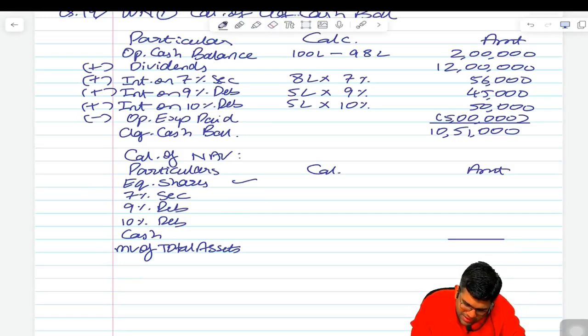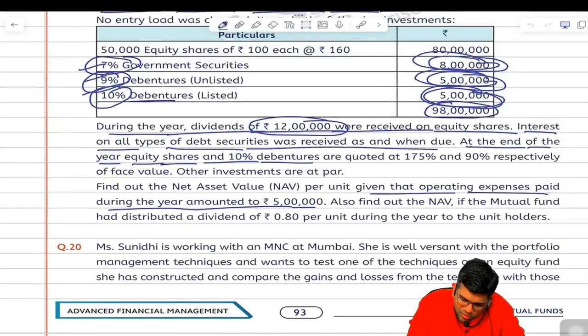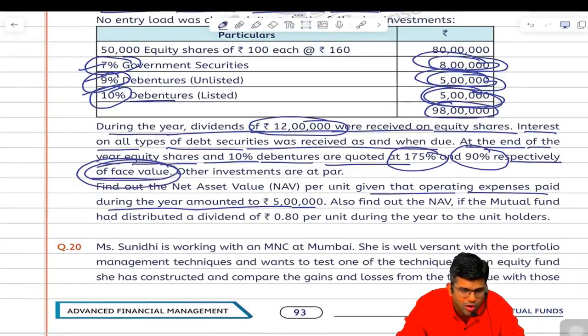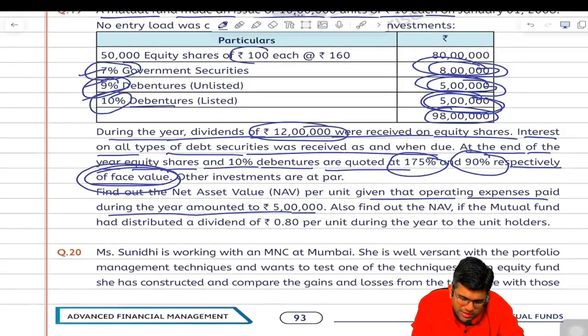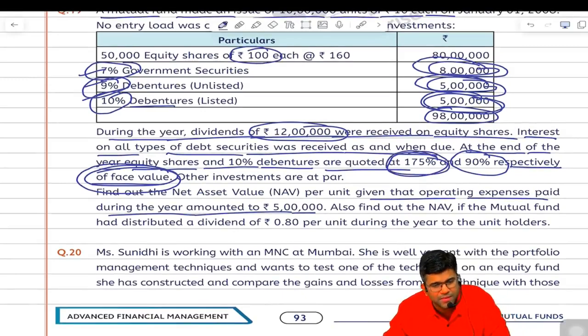Equity shares and 10% debentures are quoted at 175% and 90% respectively of face value. Everyone listening, of face value. Students, what is the face value of equity shares? 100 rupees per share. 100 rupees per share is trading at 175% of 100. Do you realize 175% of 100 is 175?